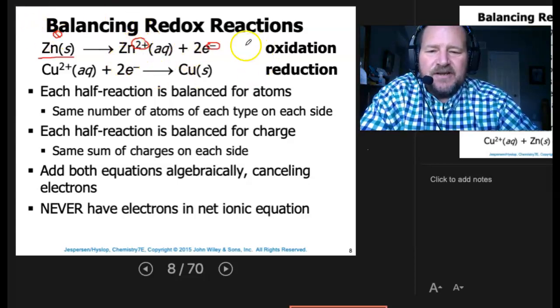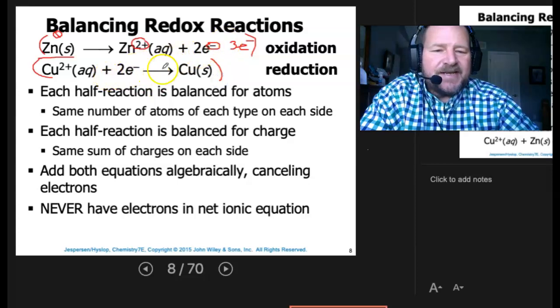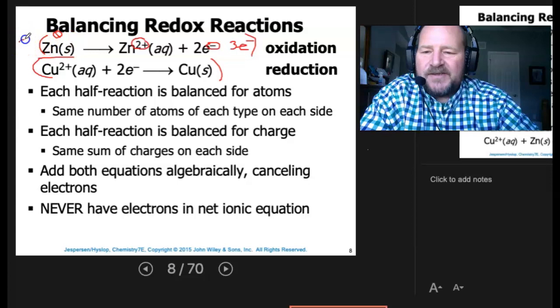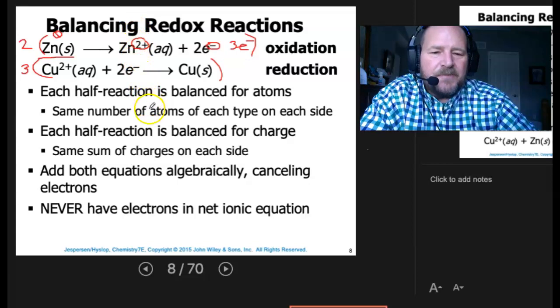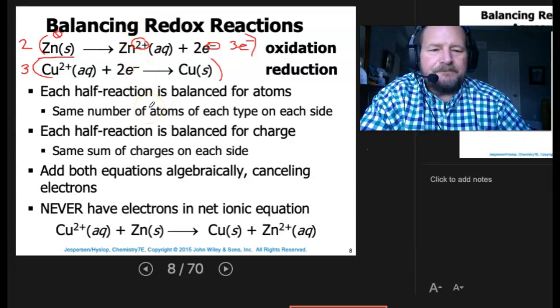But you can imagine if I had 3 electrons over here, then I'm going to have to multiply these equations out algebraically to get the 2 and the 3 to cancel. Of course, that common factor would be 6. So we'd multiply this reaction by 2, we'd multiply this reaction by 3, and that way we've got 6 electrons on each side. The electrons would cancel out, and we'd simply sum up the remainder of the pieces.